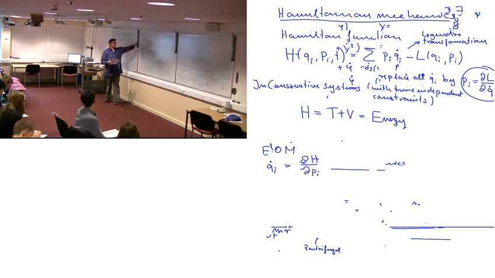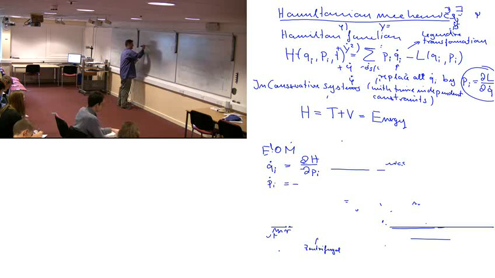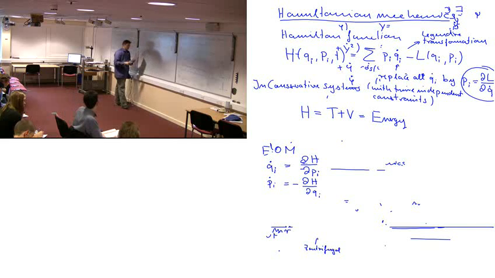So the generalized velocity is the partial derivative with respect to the momentum, and the time derivative of the momentum is the negative partial derivative with respect to the coordinates.